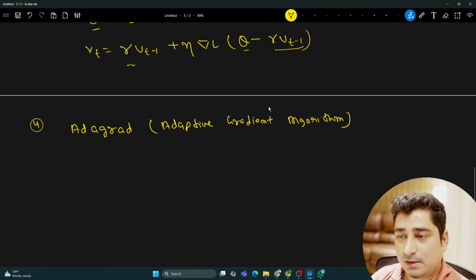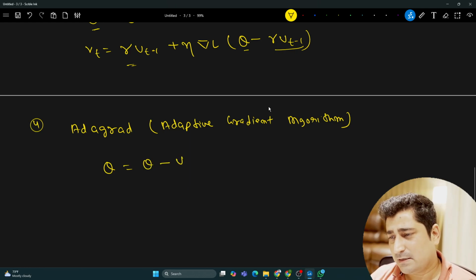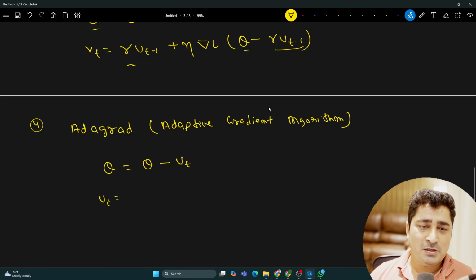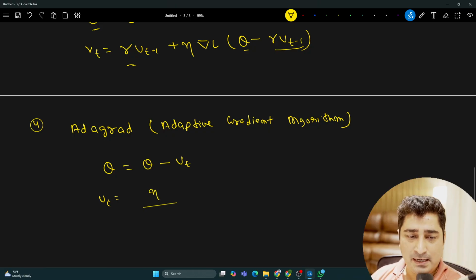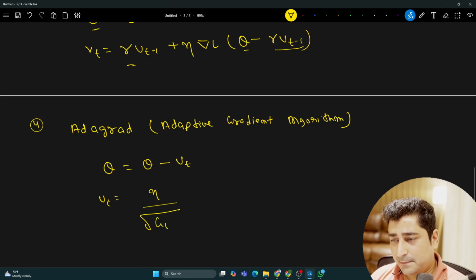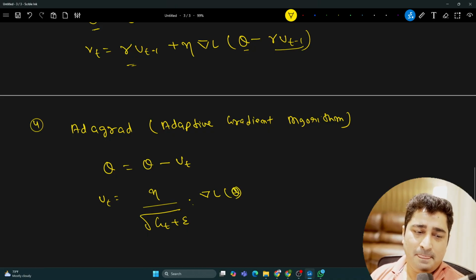Here again, new theta is equal to theta minus Vt. Now what is this Vt, which is the value responsible for changing things? Here it is nothing but eta divided by root of capital Gt plus epsilon, into the partial derivative of loss with respect to theta, meaning with respect to the input value.